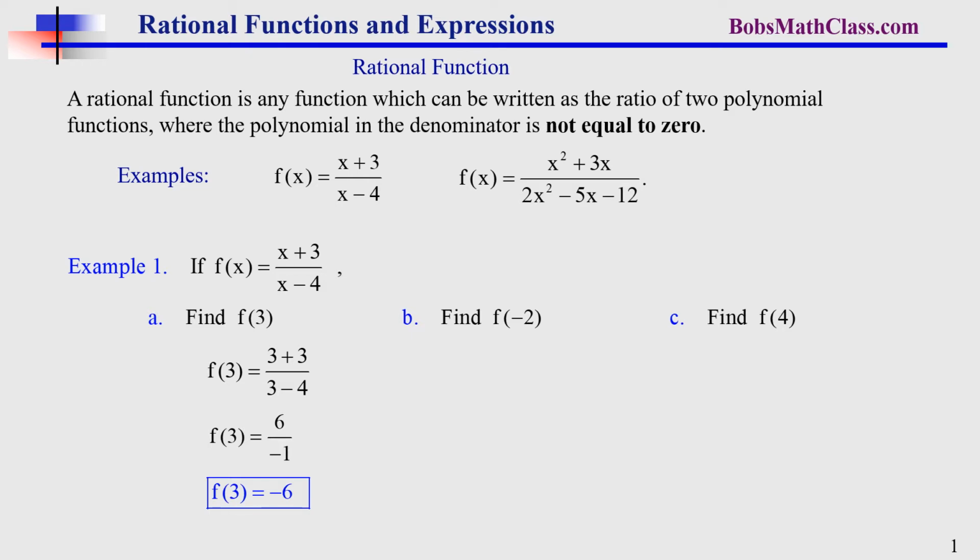Okay, so for part B, same thing. Pause the video, work it out, plug in negative 2 everywhere you see an x. Okay, so negative 2 plus 3 on top, negative 2 minus 4 on the bottom.